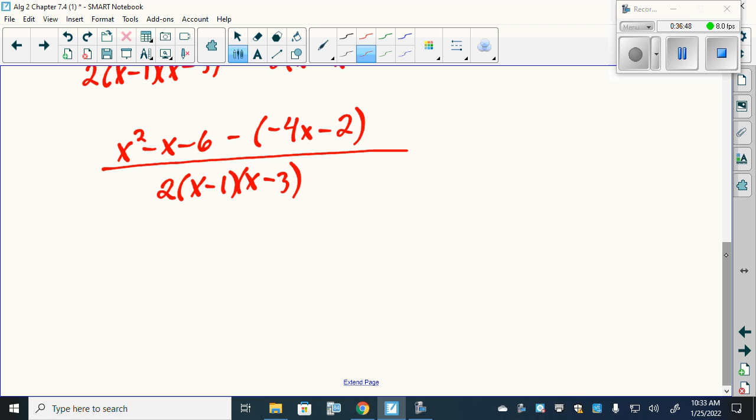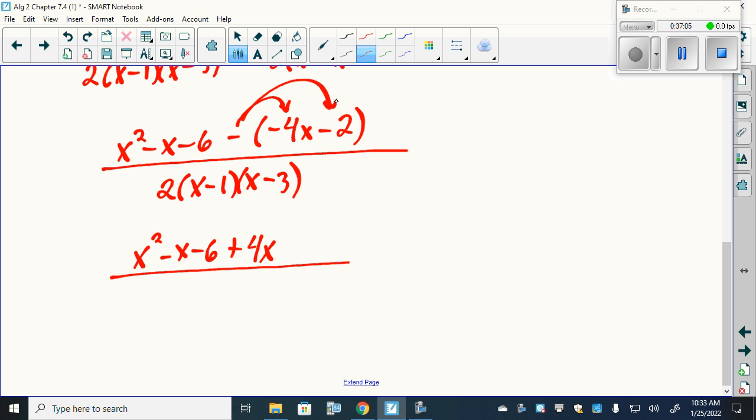And when we have this subtraction with negatives, it's going to affect the signs. So the x squared minus x minus 6 isn't going to change. But the negative in negative 4x is going to make it plus 4x. Our negative in negative 2 is going to make it positive 2.